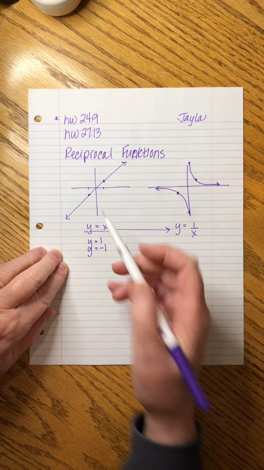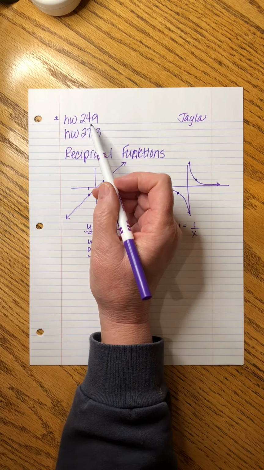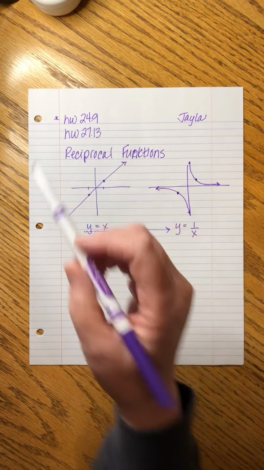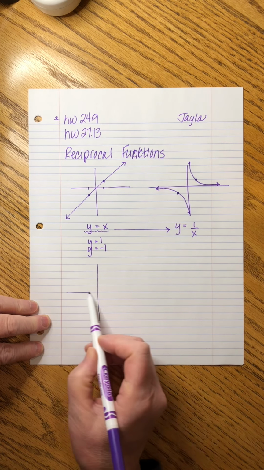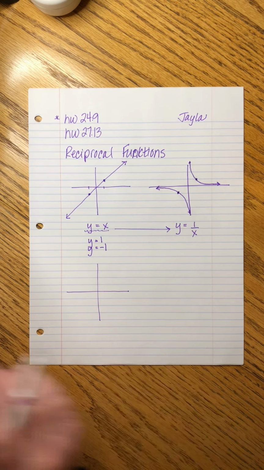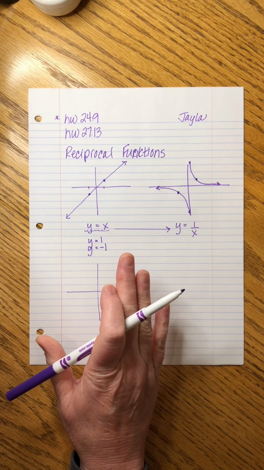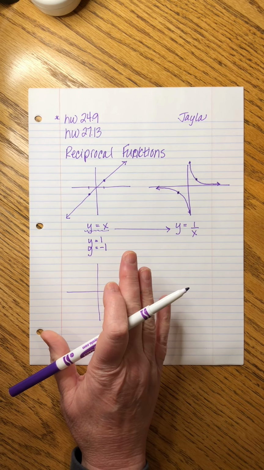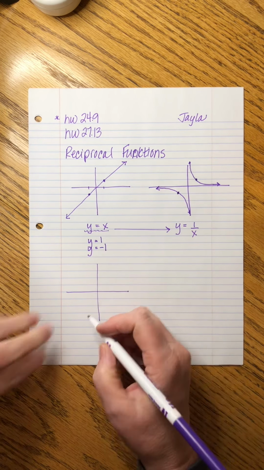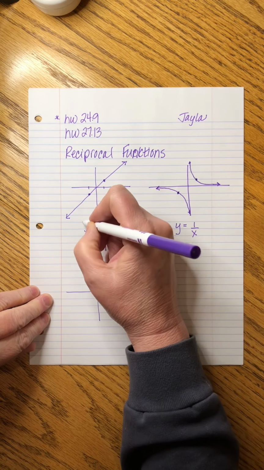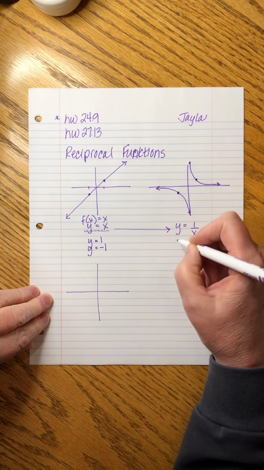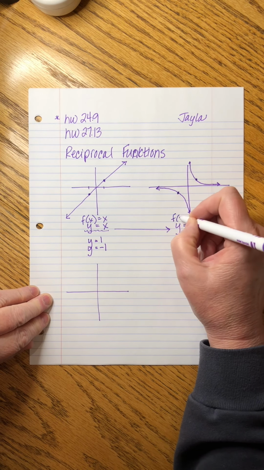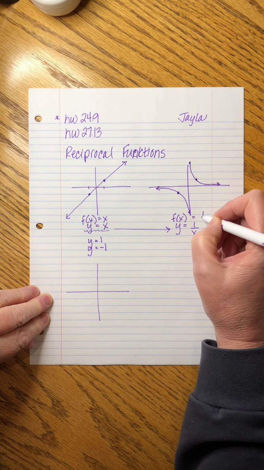So let's look in problem 24.9 what he's doing. Here's the graph, and the parent function, if you will, that he's using is, now he's switched from this notation. Remember, when we have this, we can also say f of x equals x, and we can say f of x equals 1 over x.